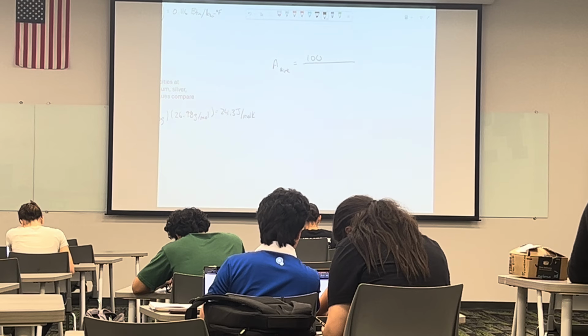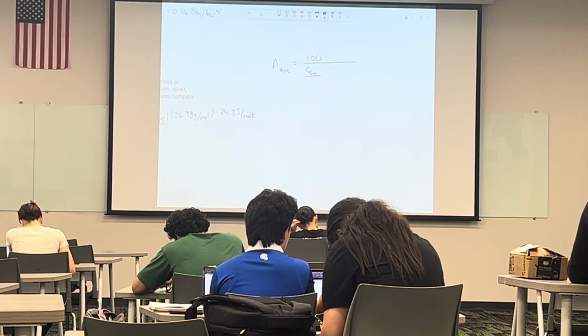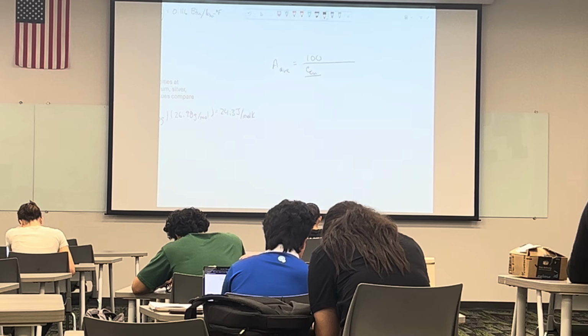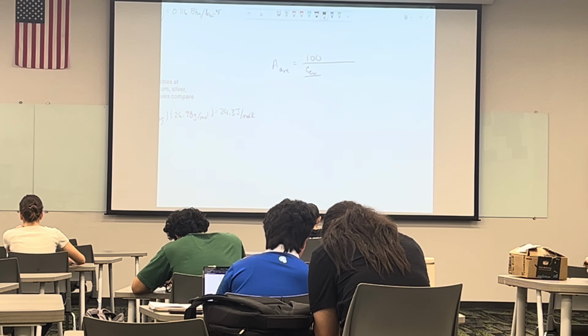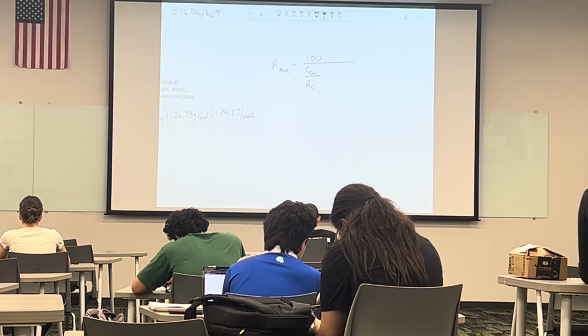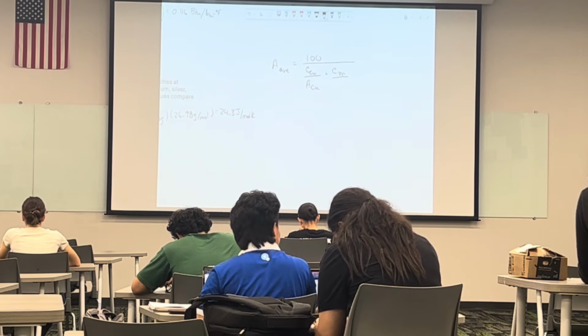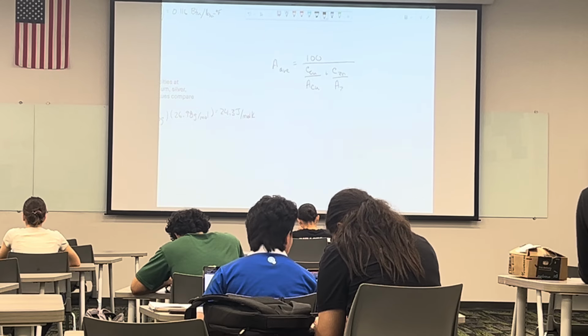It's 100 divided by the sum of C, the composition of the copper divided by the atomic weight of the copper, plus the composition of the zinc divided by the atomic weight of the zinc.